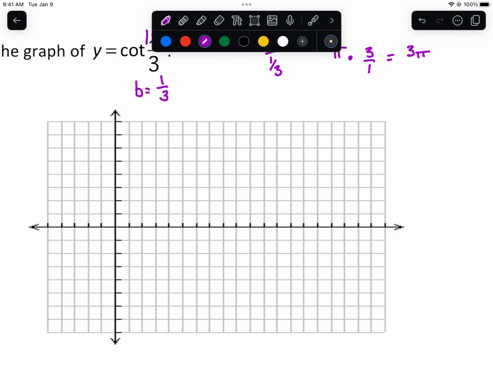I'll do every 4 ticks is pi here, so I'm modifying the normal scale. So we could go pi, 2 pi, 3 pi, and see if I can grab 4 pi. 1, 2, 3, 4 pi. If you want to go back the other way, this over here would be negative pi. So there's a couple of spots right there. We'll keep the y-axis scale the same.